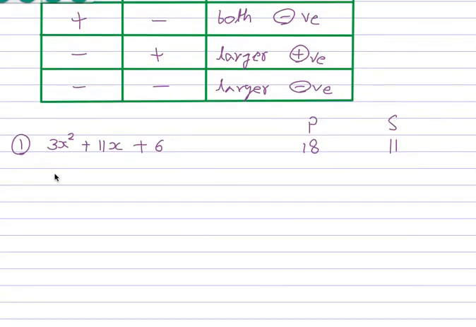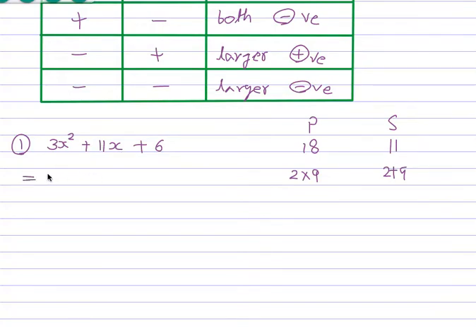Okay. So 1 times 18 is 18, 2 times 9 is 18, and 3 times 6 is 18. But here 2 times 9, because 2 plus 9 is 11. So we choose 2 and 9: 2 times 9 is 18 and 2 plus 9 is 11.